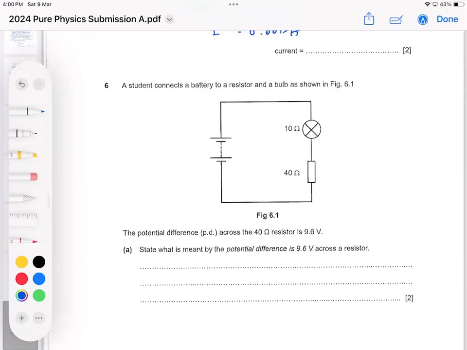Okay, let's define potential difference. This makes use of the formula V equals E over Q, where this is joule per charge. So if this is 6 volts, then it will be 6 joule per 1 coulomb.